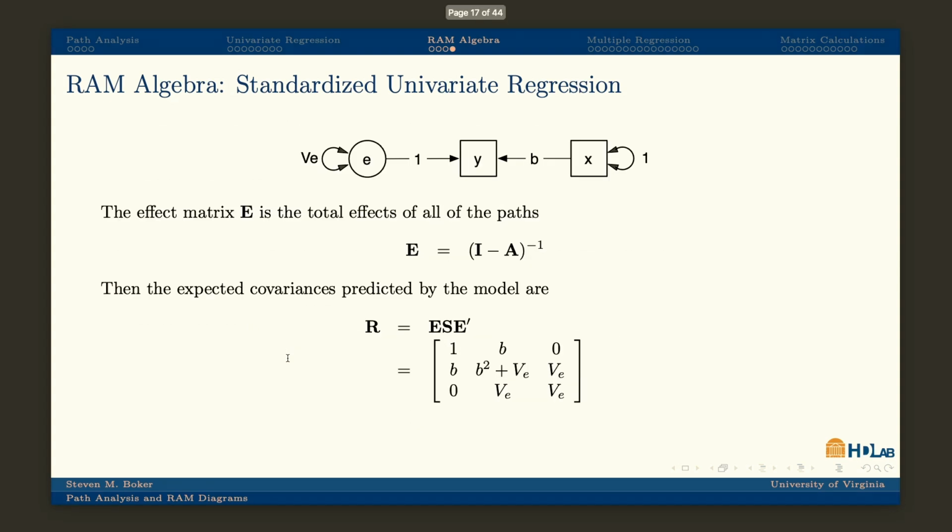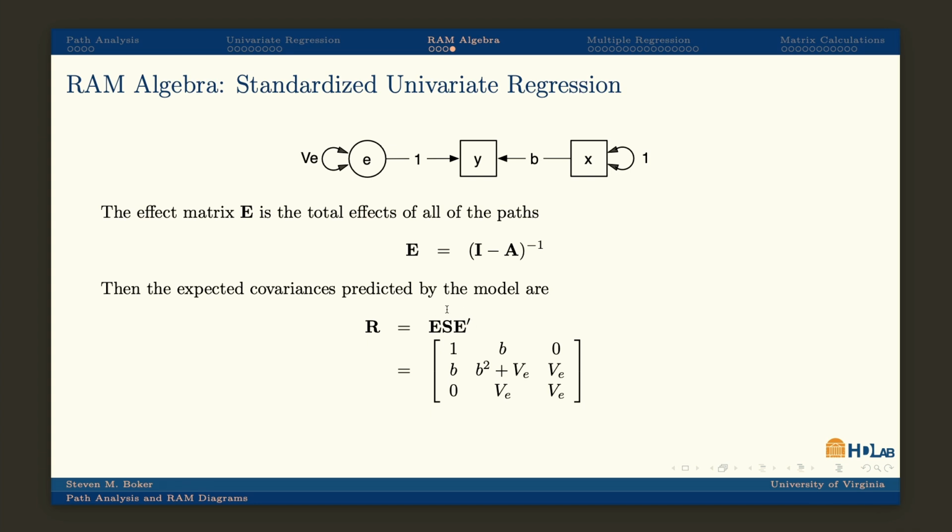What that means is, if we call all of the effects in the model a matrix E, everything's effect on everything else, that ends up being I minus A inverse.